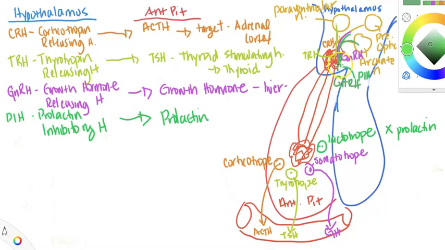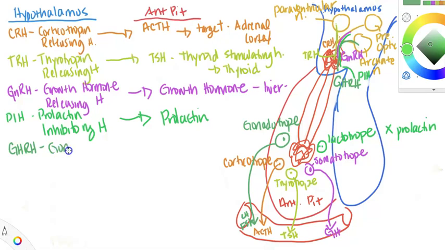It goes into the first capillary bed, goes down to the second capillary bed to reach a gonadotrope. And that will secrete two hormones. So let's see, LH and FSH.